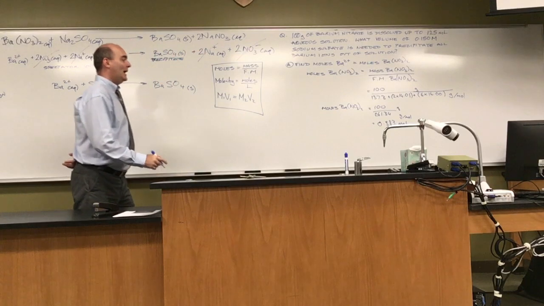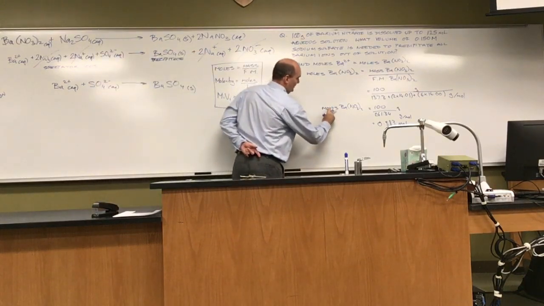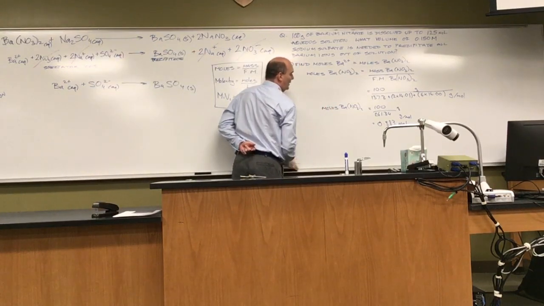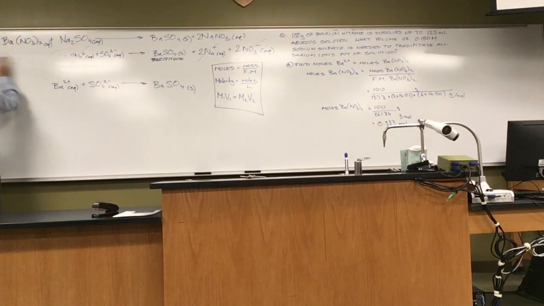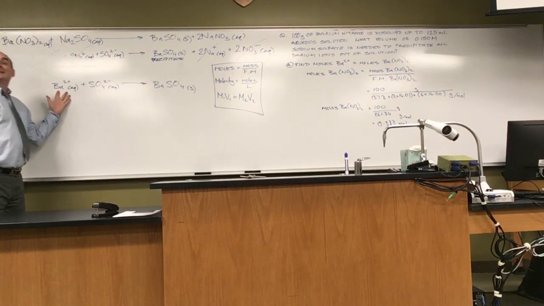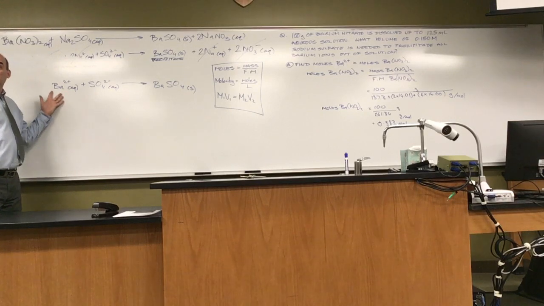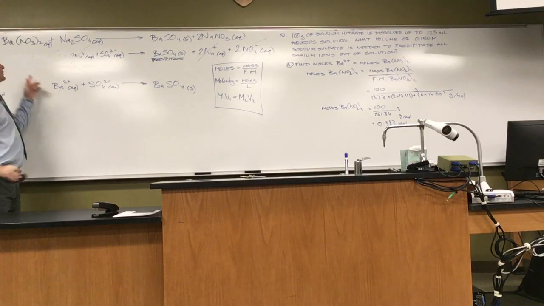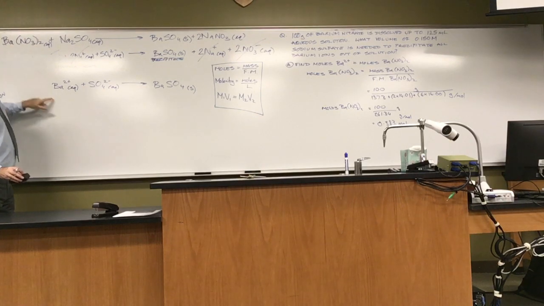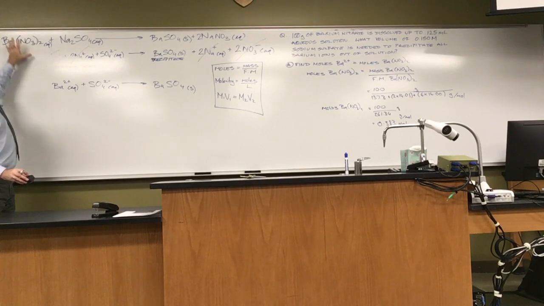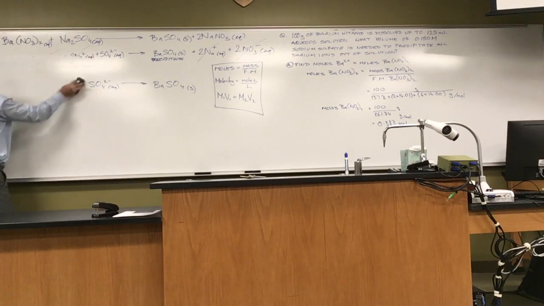I have found out how many moles of barium nitrate I have made. That's this number. Because for the number of moles of barium nitrate, there's 1 barium 2+ in that mole right there.